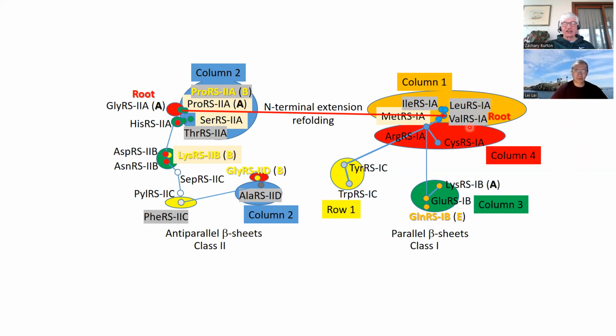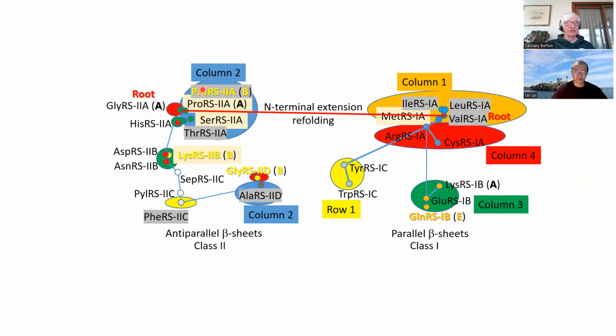Basically, these are all column 1 amino acids. So now I'm trying to correlate this map that I just showed you with the genetic code. In column 1 of the genetic code, that's position 35 of tRNA, and it's A, 35A. So you have IleRS, LeuRS, ValRS, and MetRS. These are all related amino acids, and ValRS appears to be the root of this lineage.